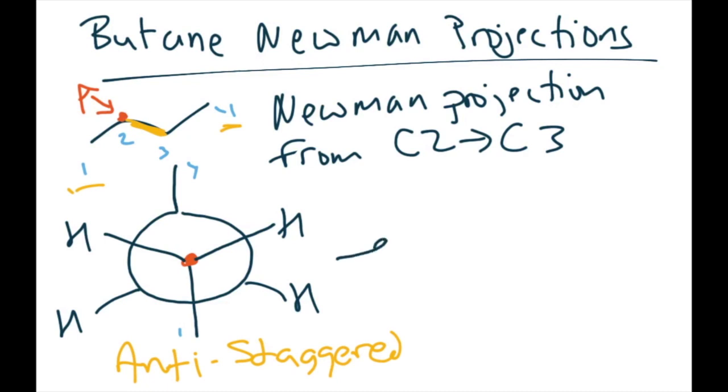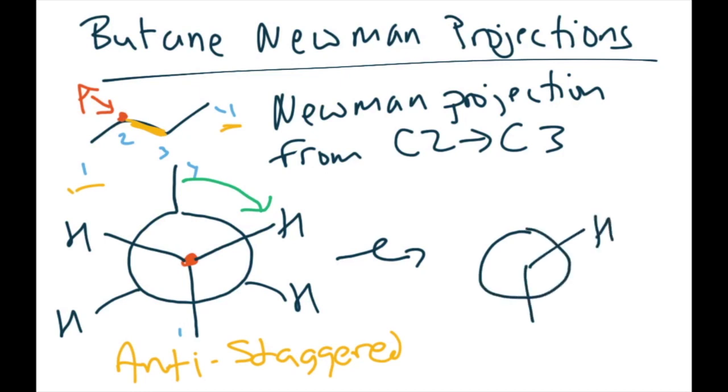So we're going to rotate here. What I like to do when I rotate is leave the front carbon exactly how it's drawn, and then just think about grabbing one of the groups and rotating it around. So the front carbon's unchanged.